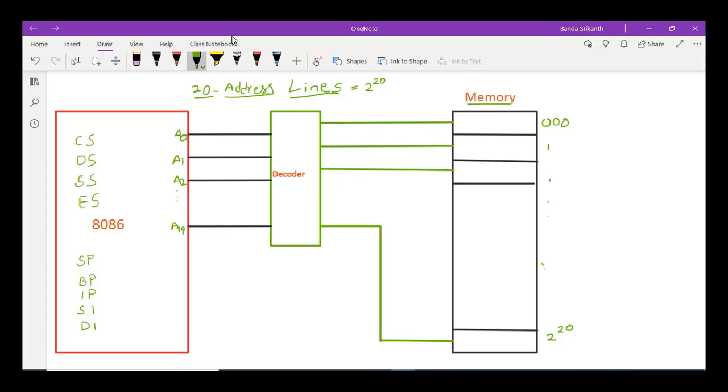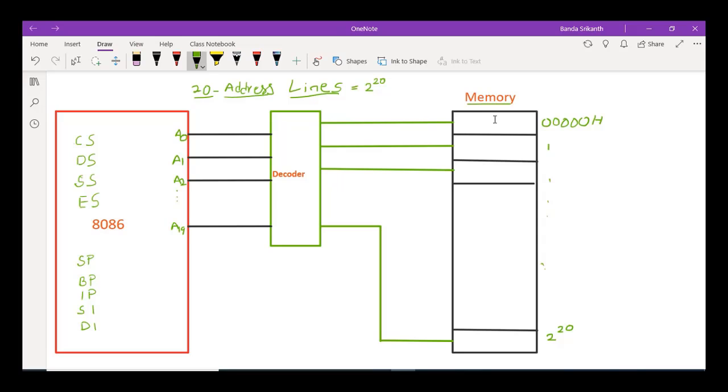It is very inconvenient to represent 20 zeros, so we represent the number in hexadecimal. 20 binary zeros become 5 zeros in hexadecimal.